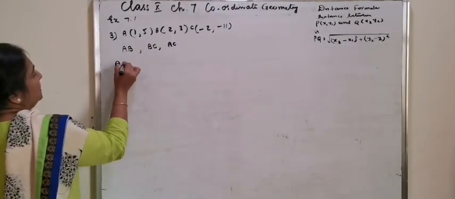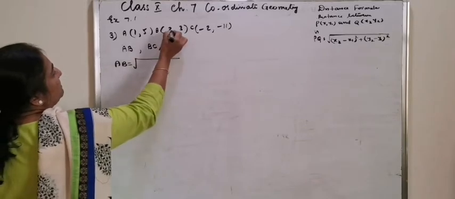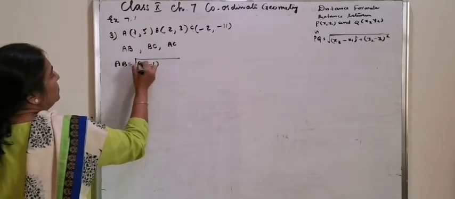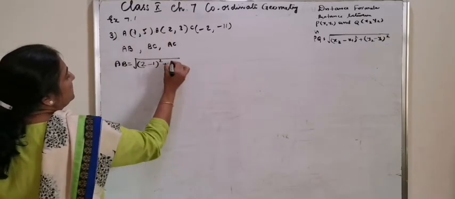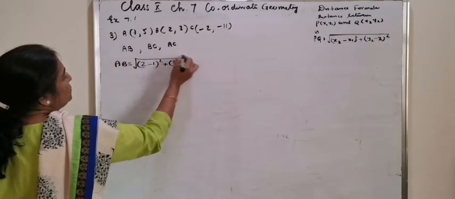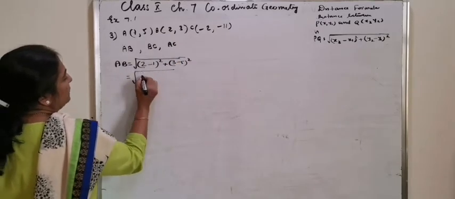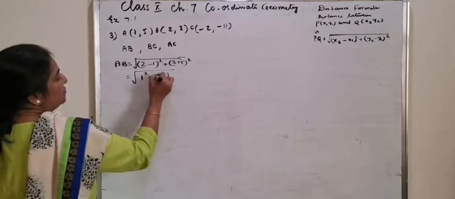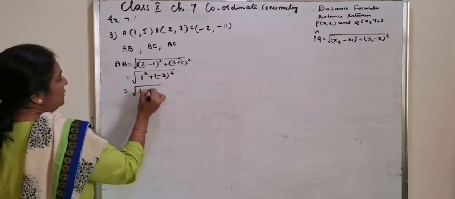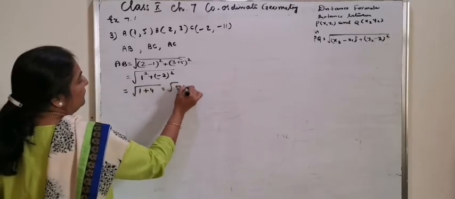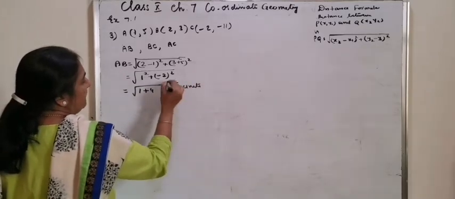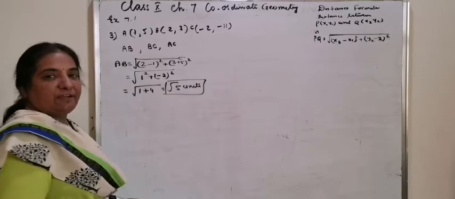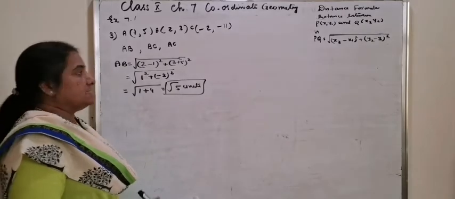AB is equal to square root of (2 minus 1) the whole square plus (3 minus 5) the whole square, root of 1 square plus minus 2 the whole square, root of 1 plus 4, root 5 units. It is an irrational number. You can just leave it as such.